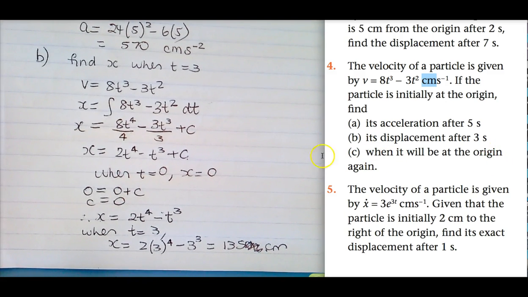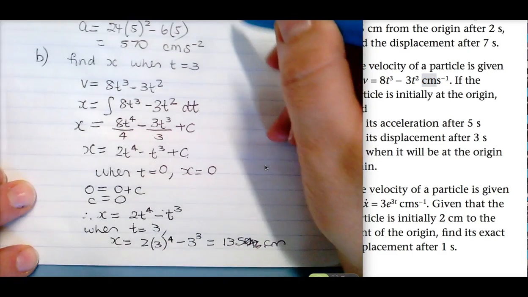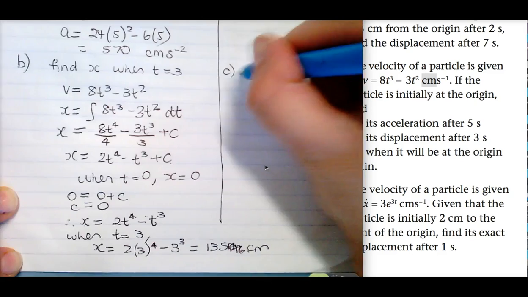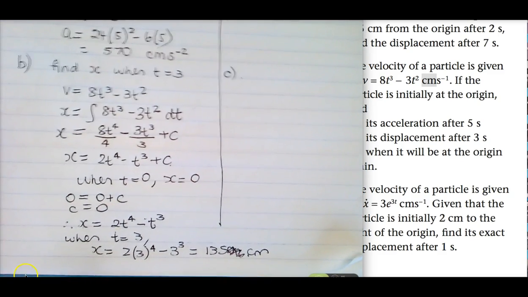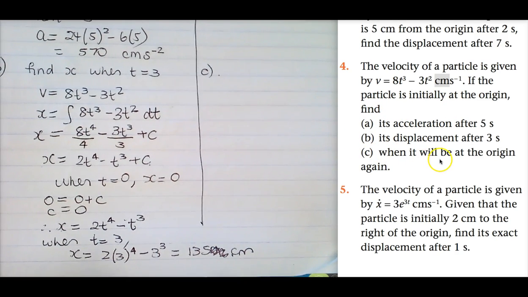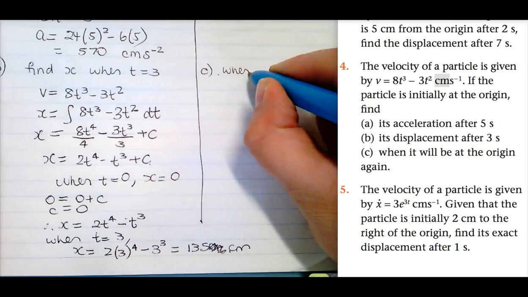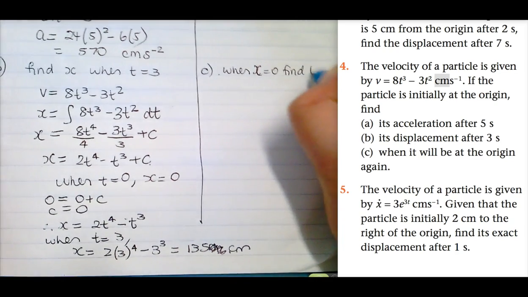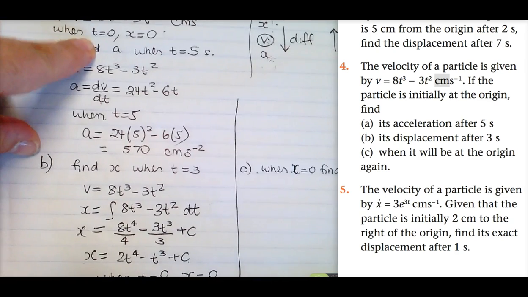Next part of the question, when will it be at the origin again? So part C. It says if the particle is initially at the origin. So the last one, when will the particle be at the origin again? When x equals 0, find t again. I know you think it's only 0, it's not.